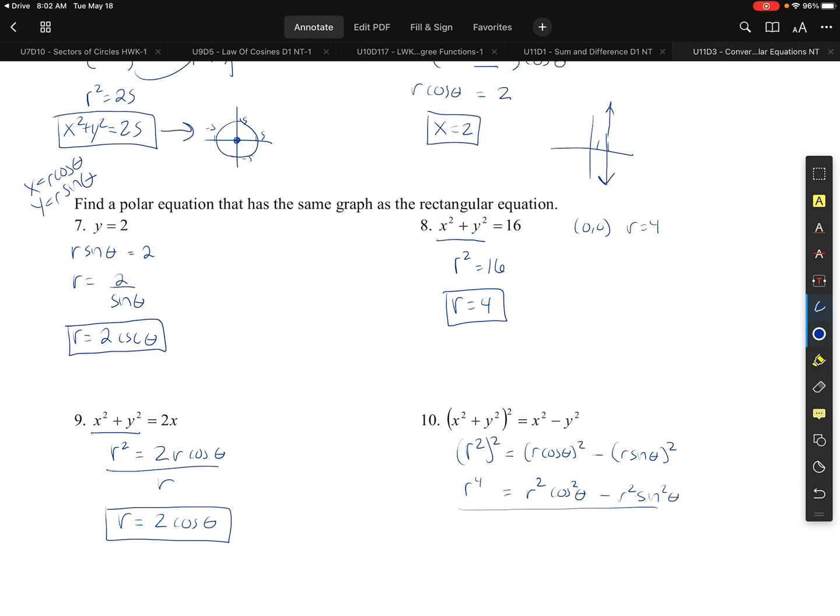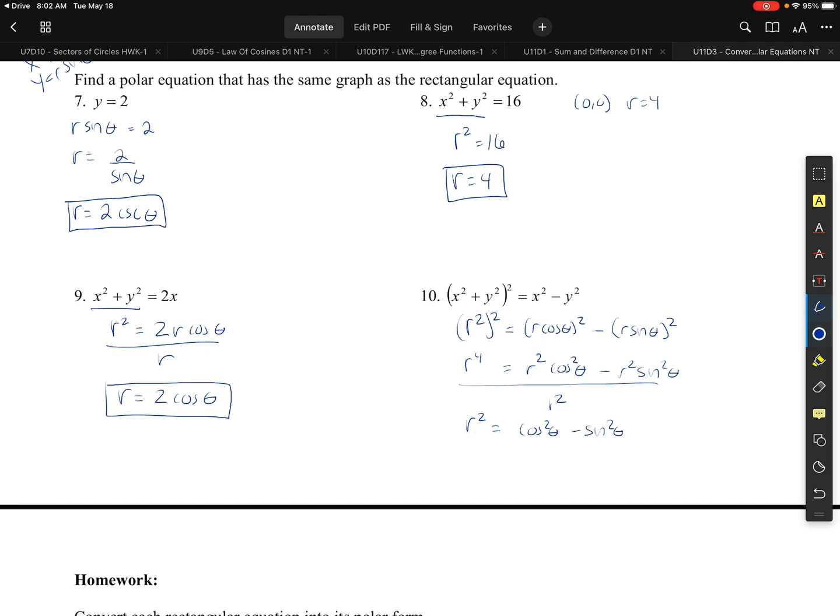Now if I divide everything by r squared in this situation, I got r squared equals cos squared theta minus sine squared theta. Going back to a different unit, what do we have here? We have an identity. We have the double angle cos formula. R squared equals cos of 2 theta. To get r by itself, r equals positive negative radical cos of 2 theta. There's our final answer.